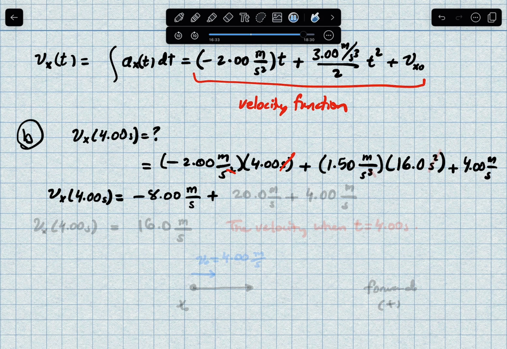That is 24 meter per second. And lastly, you have 4 meter per second. And you just add now 24 minus 8, that's 16 meter per second.